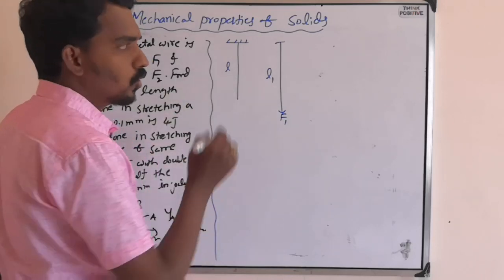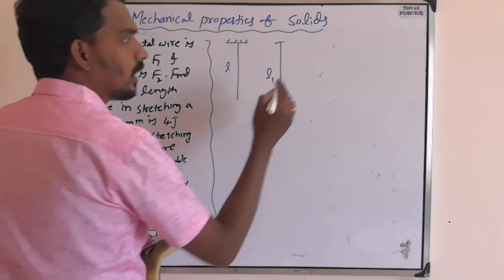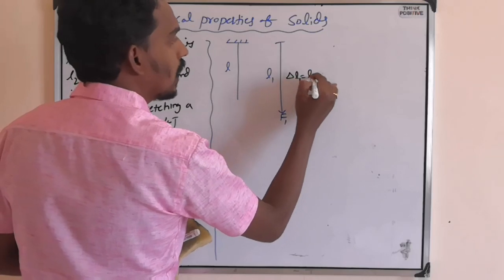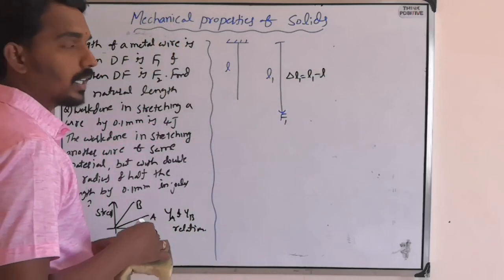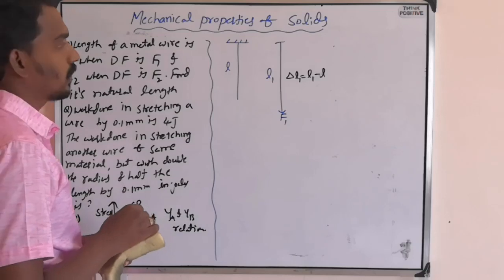That means the extension in the wire is L1 minus L. That is the hidden information.